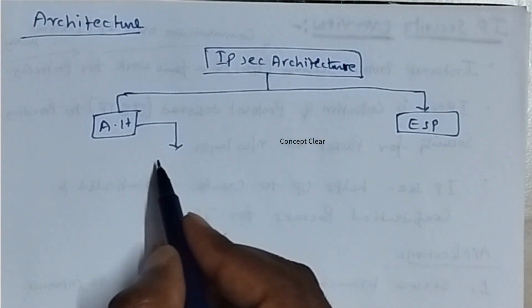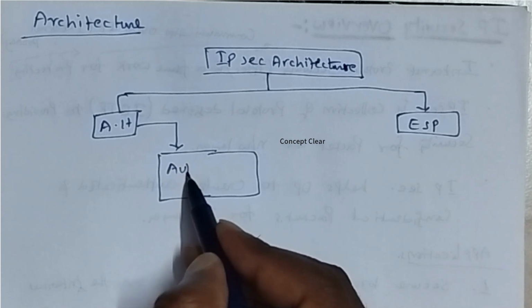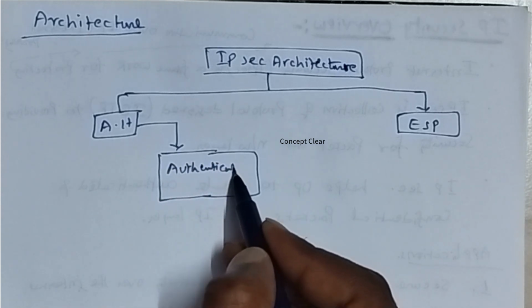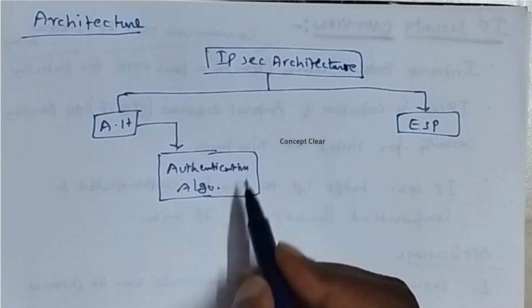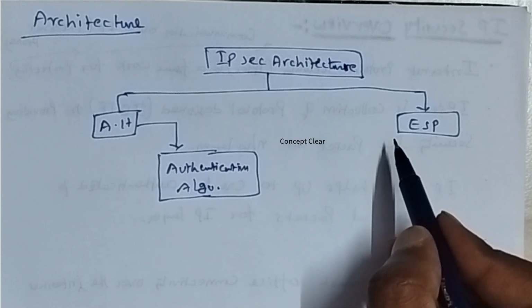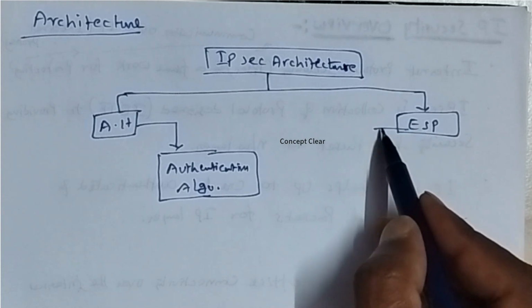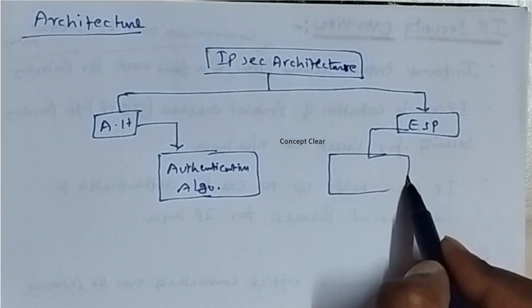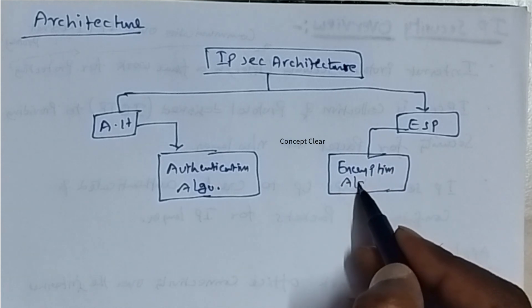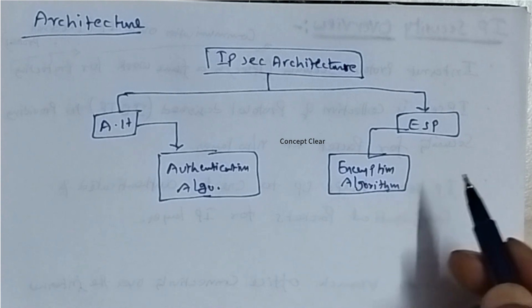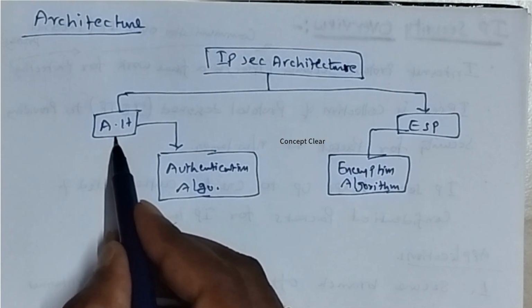AH contains the authentication algorithm. And what about ESP? ESP contains the encryption algorithm.